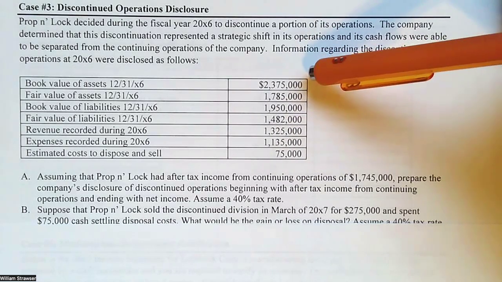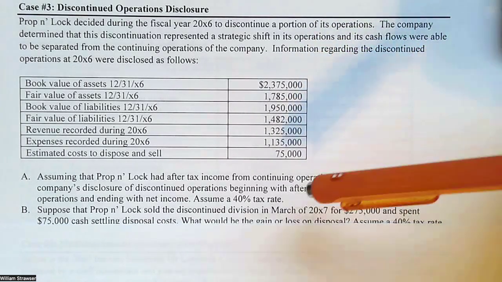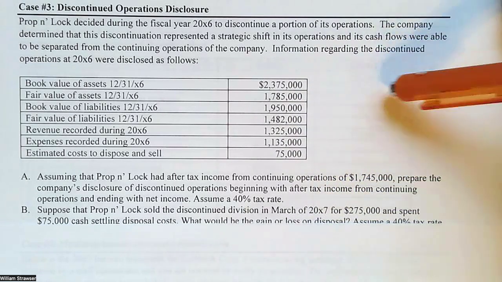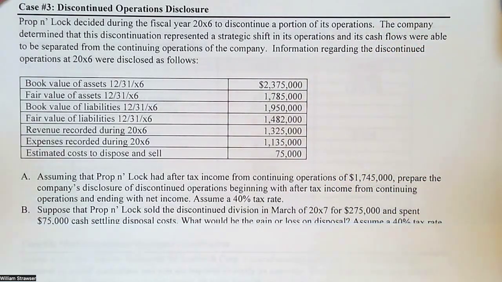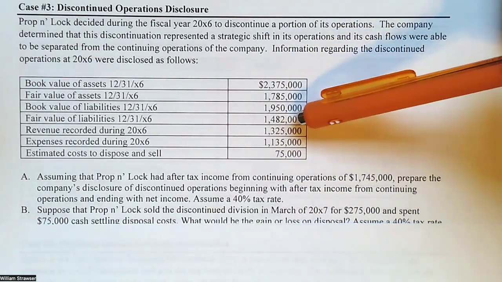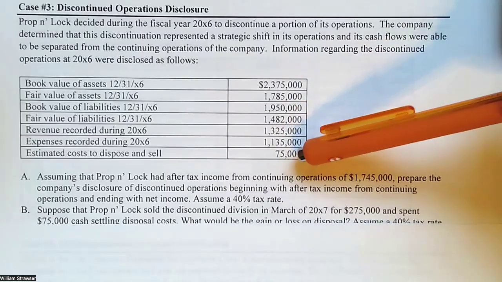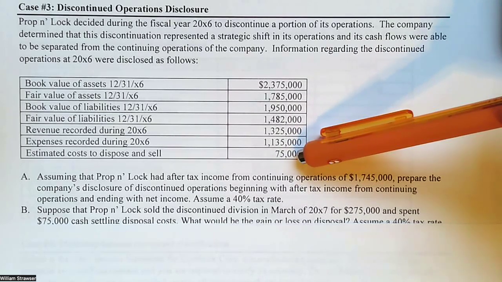They tell me about the book value of assets and the fair value of assets. This is all about the discontinued operations, not the entire company, but just that one segment that the company is going to discontinue. The book value of liabilities, the fair value of liabilities, revenues and expenses, and then the estimated costs to dispose of and sell the company.